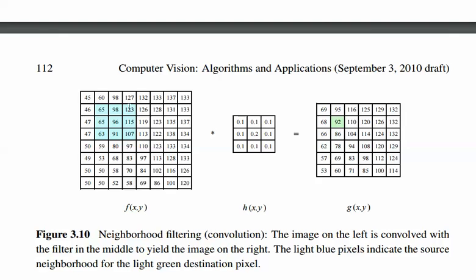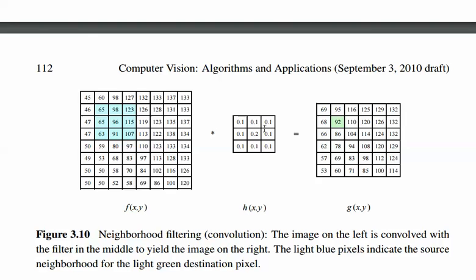So we do 0.1 times 65 plus 0.1 times 98 plus 0.1 times 123 plus 0.1 times 65 plus 0.2 times 96 plus 0.1 times 115 plus 0.1 times 63 plus 0.1 times 91 plus 0.1 times 107, and the number that we should get is the 92 that is there.